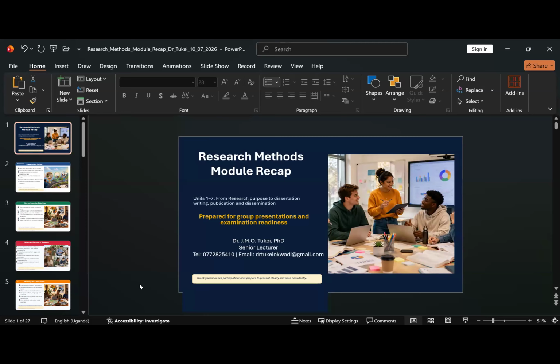For example, if I research about a project, then in the future I should be able to get a job out of it. And obviously, the Doctor has said this over and again, that the research that we carry out should be able to generate new knowledge and strengthen academic debate. So this is also something that we should put at the back of our mind. Over to you, Doreen.